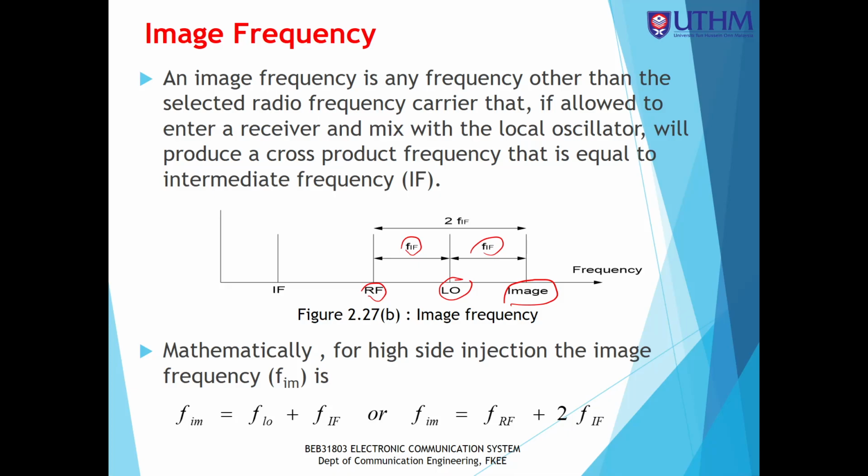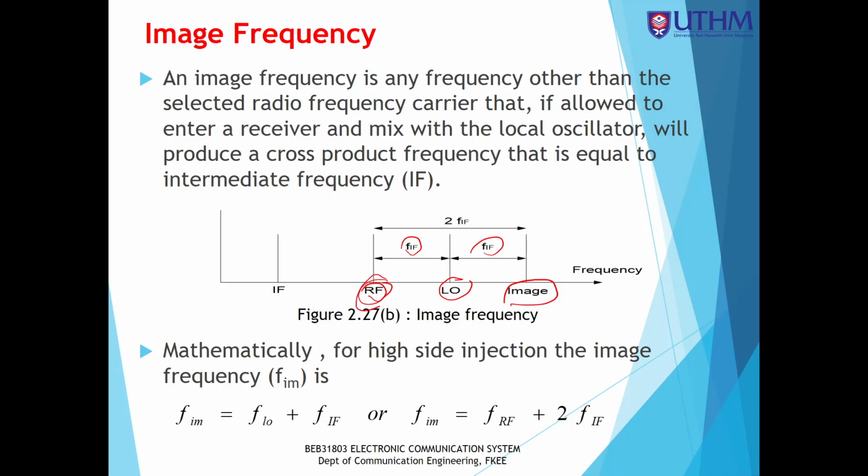And what happens if this occurs is that the receiver will be unable to differentiate which one is the signal received from the antenna.